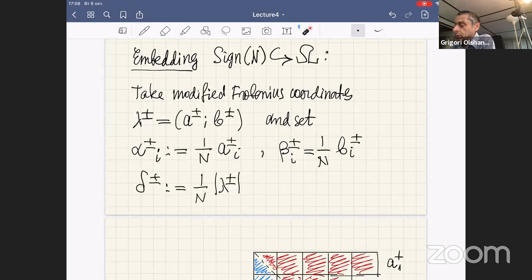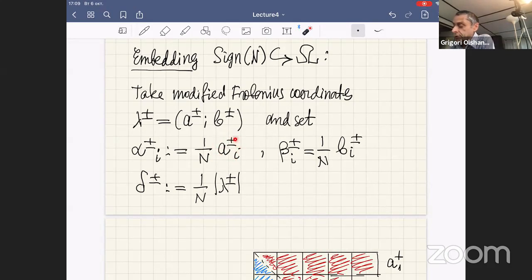To define this embedding, we need some scaling, some normalization. So we set the alphas, plus or minus, obtained by scaling the A coordinates. And I recall that there are finitely many of these coordinates.